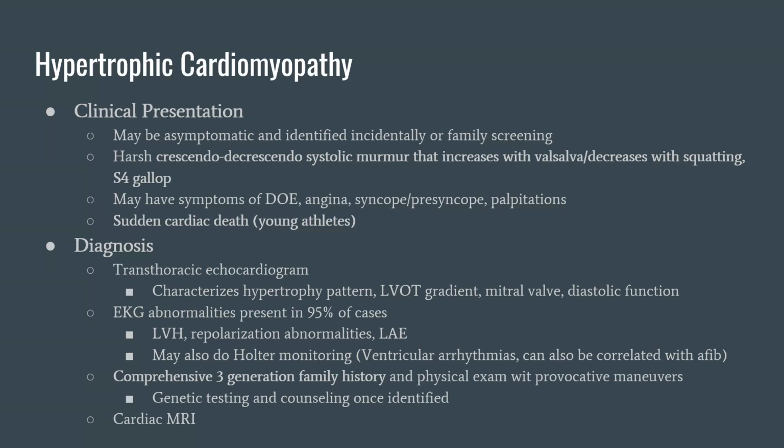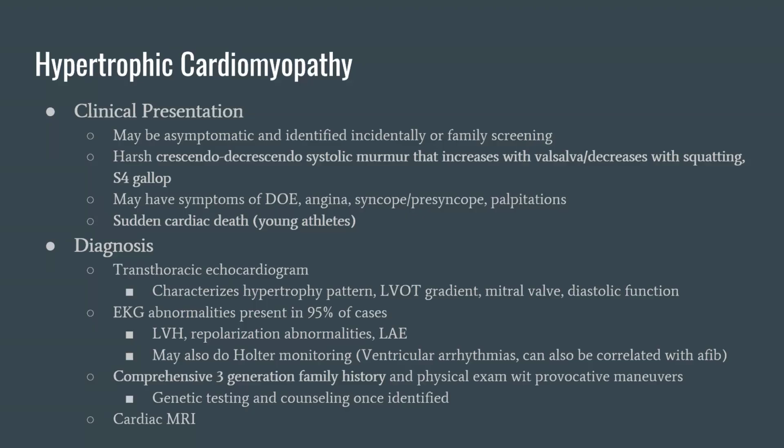In these patients, if they have high-risk features, you do want to do Holter monitoring to check for ventricular arrhythmias. And sometimes this is correlated with atrial fibrillation. We need to check 3 generations of family history. And on physical exam, we're doing provocative maneuvers with Valsalva, not just any provocative maneuver.